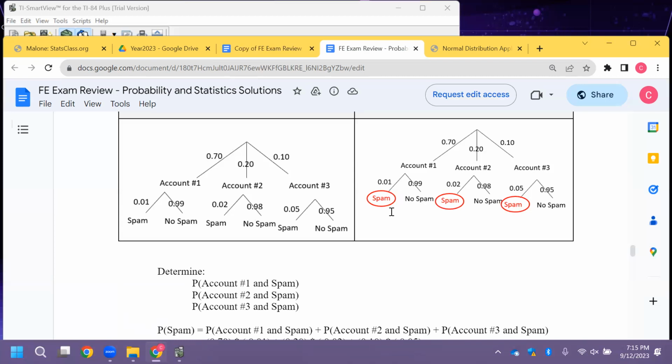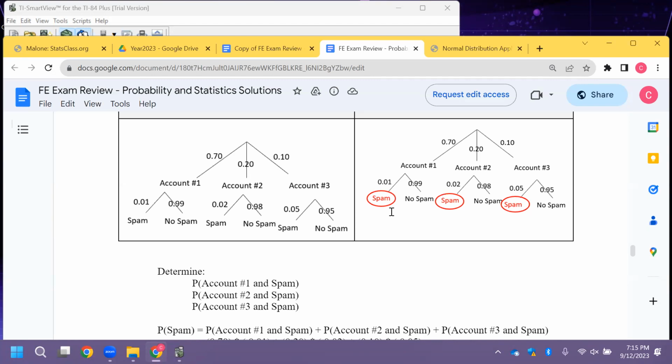So to get down to the first spam on account number 1, I know that 70% of my emails come through account number 1 and 1% of those are spam. So I'm going to multiply those together. Whatever 0.7 times 0.01 is, add some zeros there before that 7. The second one, I'm going to multiply the 0.2 times the 0.02. And then for the third, obviously, I'm using the 0.1 times the 0.05.